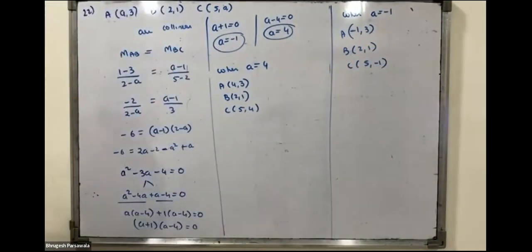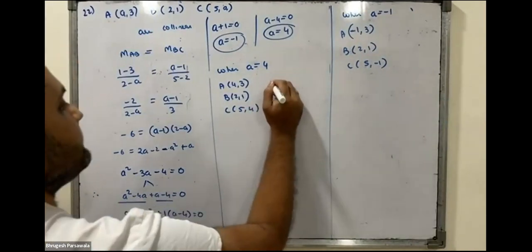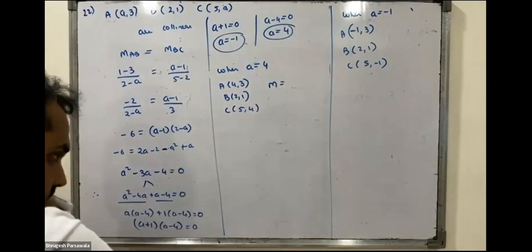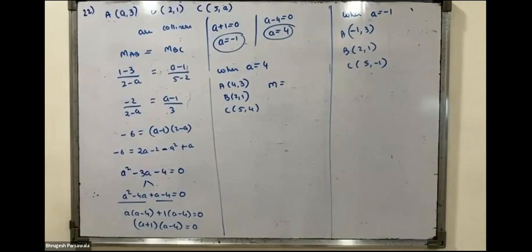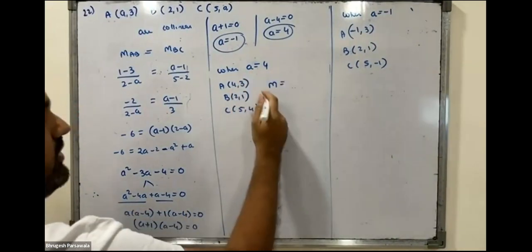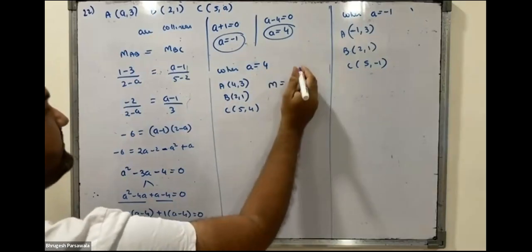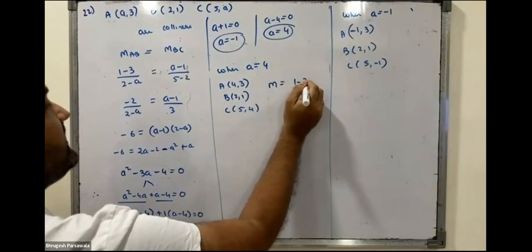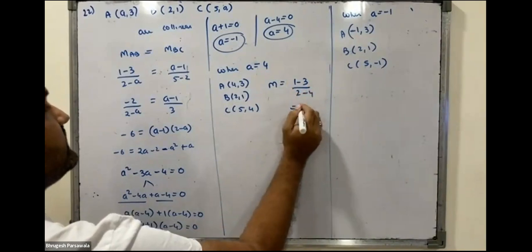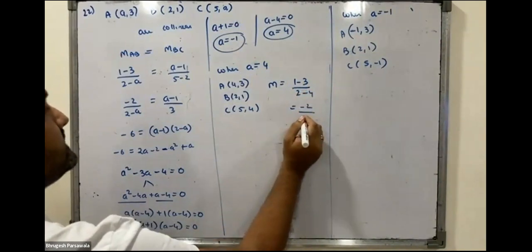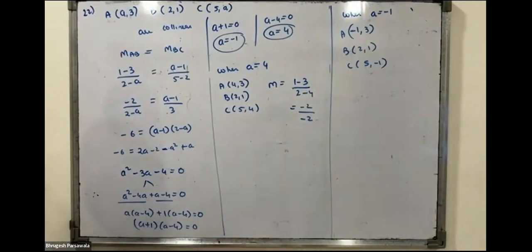But you have to take both into consideration. Now to find the equation of the line, find the slope, beta. Let's find the slope, take any line, the slope will be the same for all. So (1 minus 3) upon (2 minus 4), minus 2 upon 2.